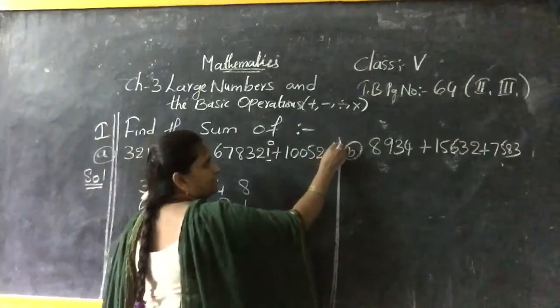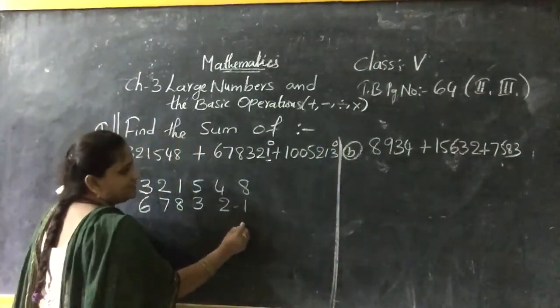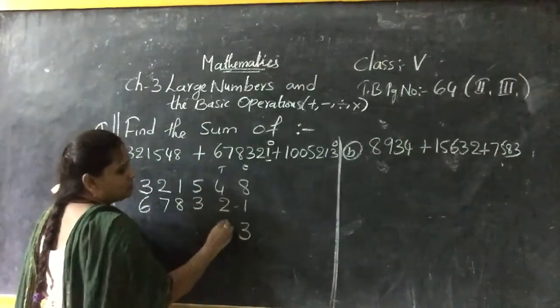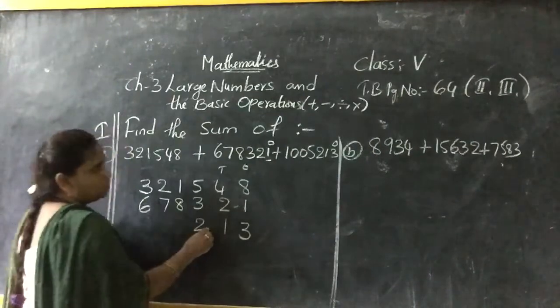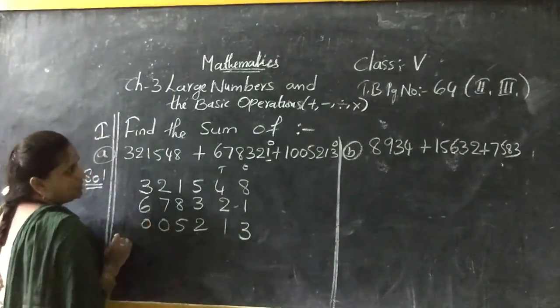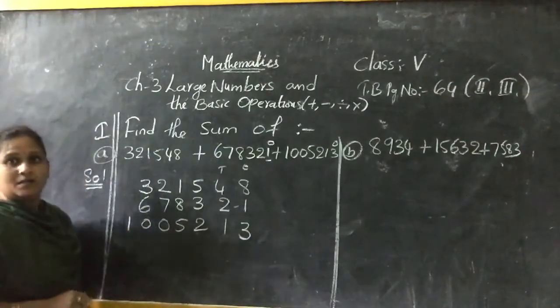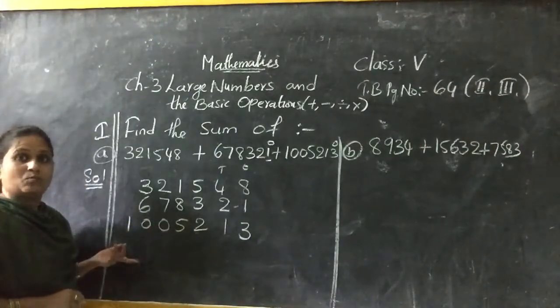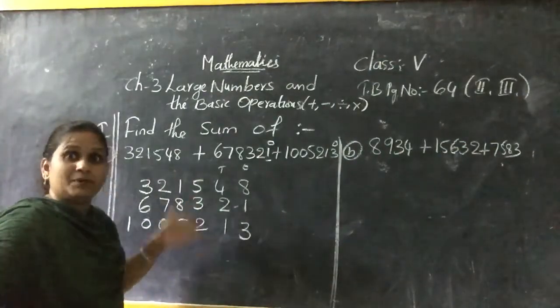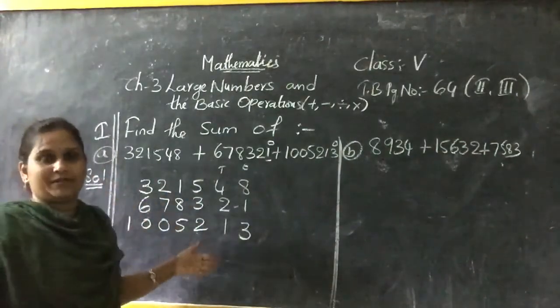Ones place: 3. Next 1, then 2, then 5, then 0, then 0, next 1. See, one number has more, but even so, all the remaining numbers are perfectly aligned with place values.